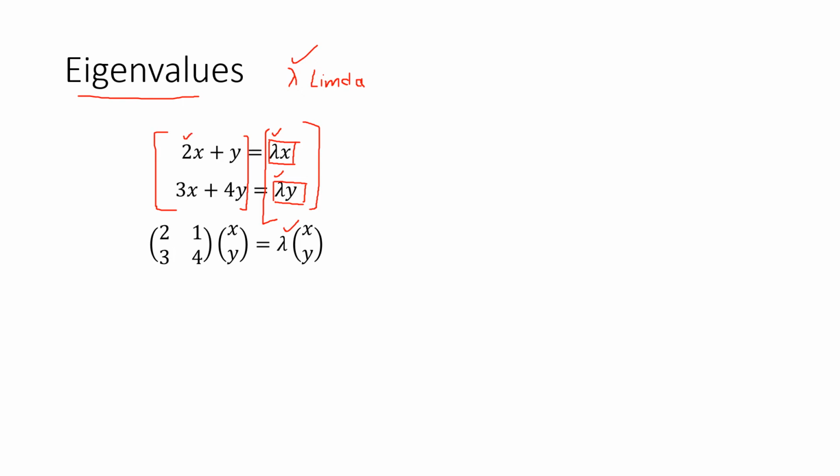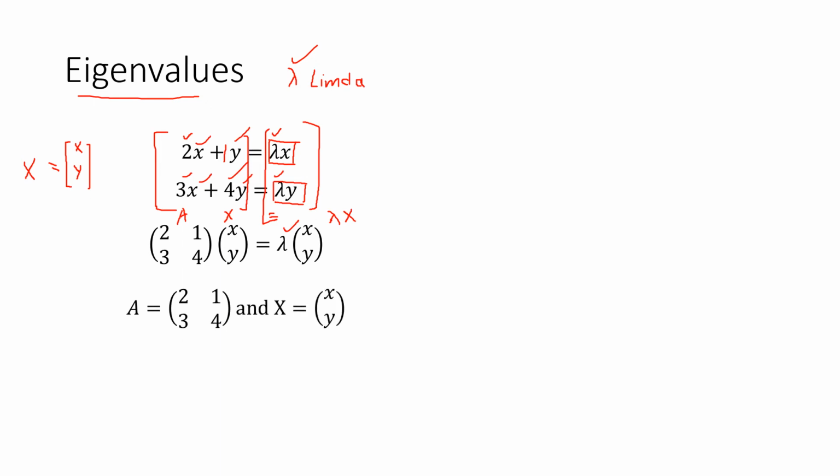This is 2 1 3 4, matrix A actually, and x y are variables, so this is X equals lambda X. X means x y, the X matrix means this matrix, capital X, write it a little bigger.